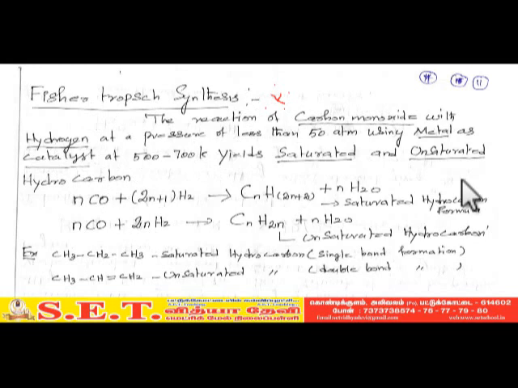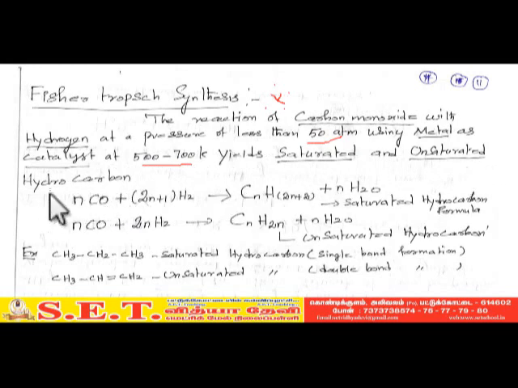Mind it. The reaction of carbon monoxide, CO, with hydrogen at a pressure of less than 50 atmospheres, using a metal as a catalyst at 500 to 700 Kelvin, yields saturated and unsaturated hydrocarbons.